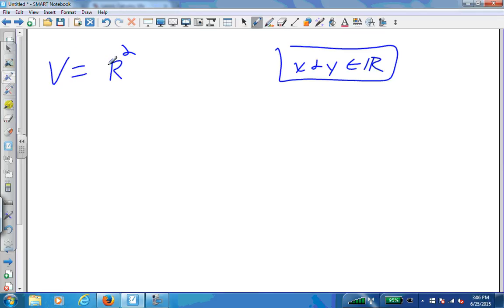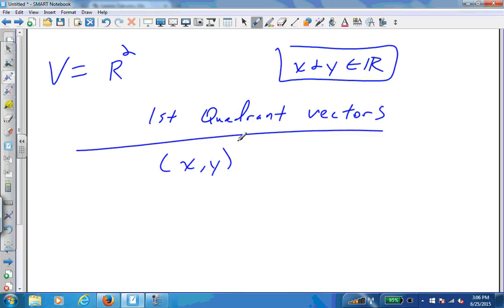So let's just say our vector space V is R2. And if we consider first quadrant vectors in 2 dimensions, that's a subset of V, but in this case, x and y have to be greater than or equal to 0.